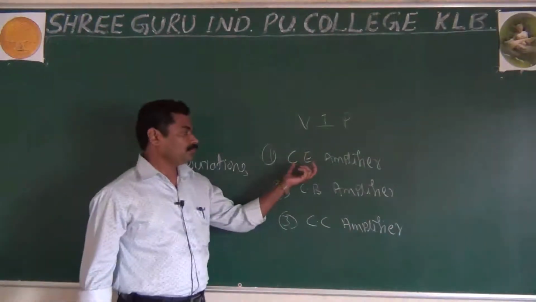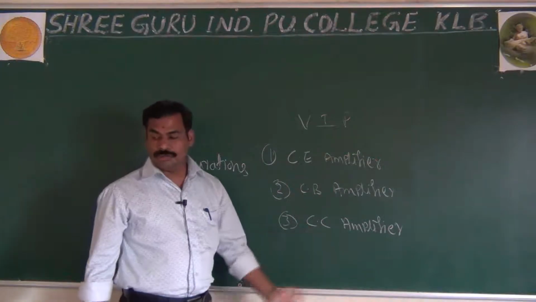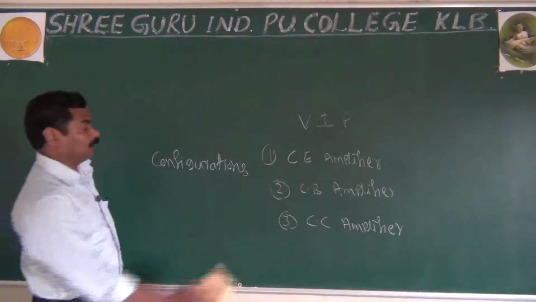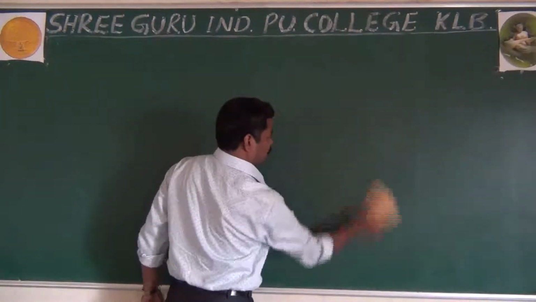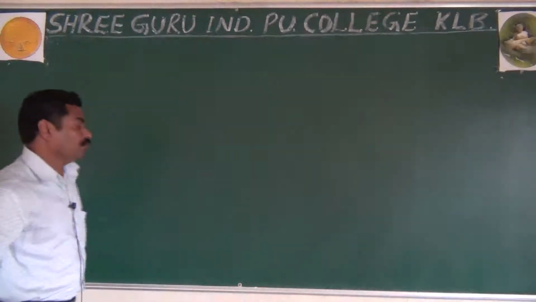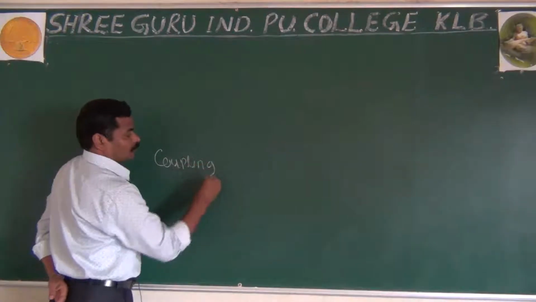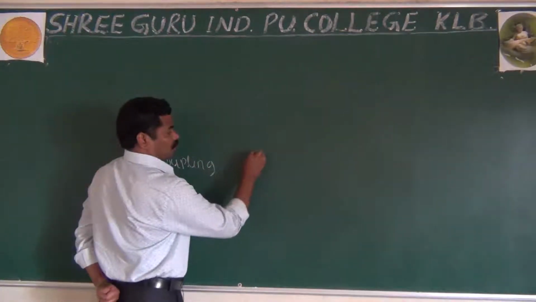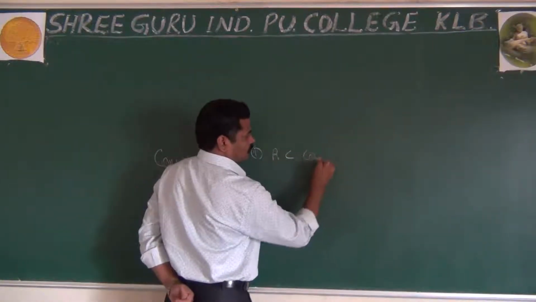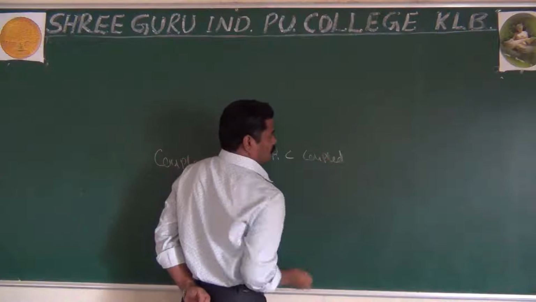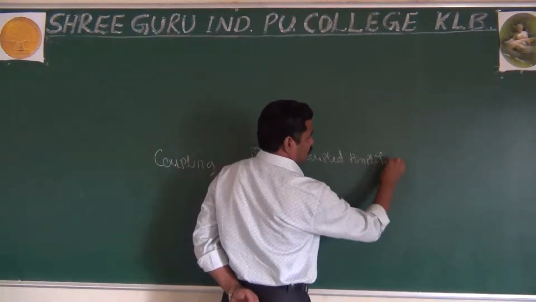This is about the classification you have done depending upon the configuration. That may be the common emitter, common base, or common collector. Now we go further, depending upon the coupling. Depending upon the coupling also you can classify the amplifiers. First one is the RC coupled amplifier.